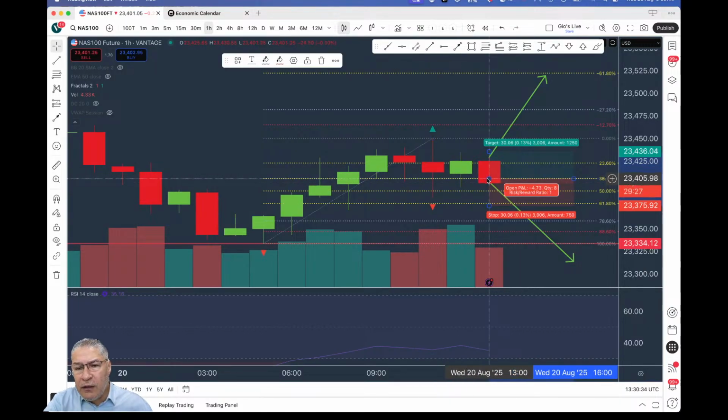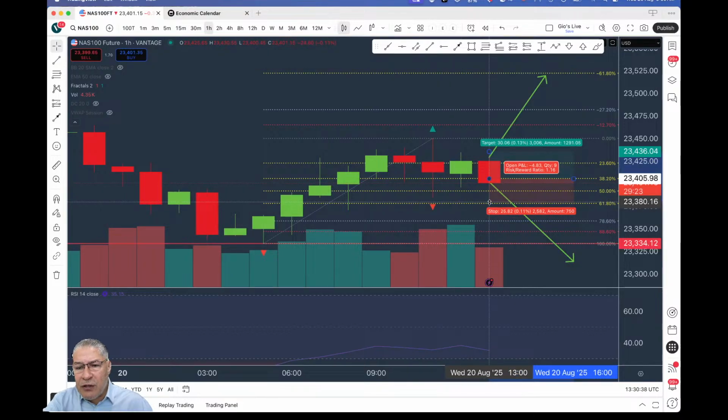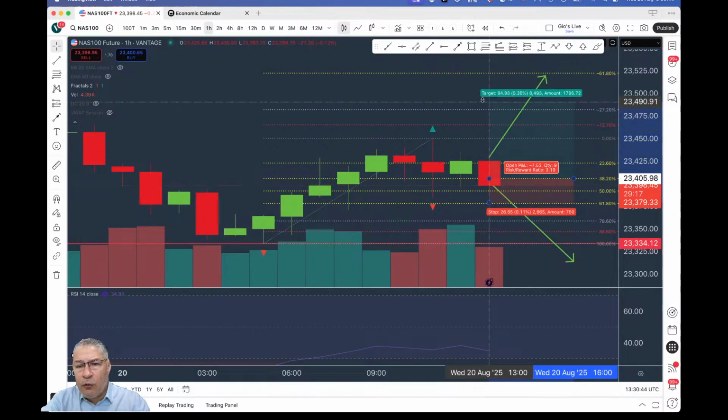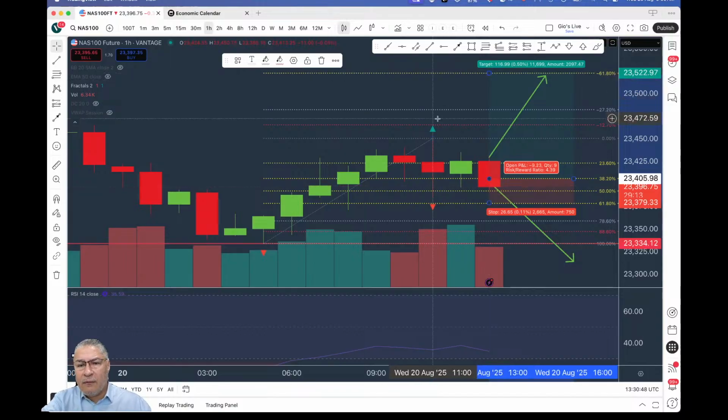Well, I will need to obviously place that stop wherever that 1% would be. So let's just say this fractal low, and the target would have been that particular swing. Again, I'm doing this just as an explanation of a possible trade setup, but as the market just opened, we were expecting fluctuation.